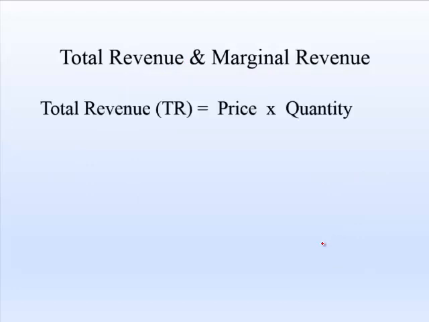Total revenue is price into quantity, how much price is prevailing in the market and how much quantity we are buying or selling. That is how much revenue we will get, at what price we are selling, how much quantity. Then the formula is TR equals PQ, total revenue is equal to price into quantity.